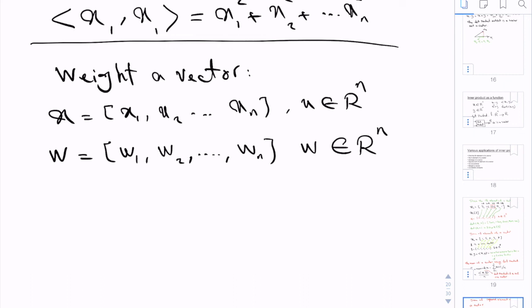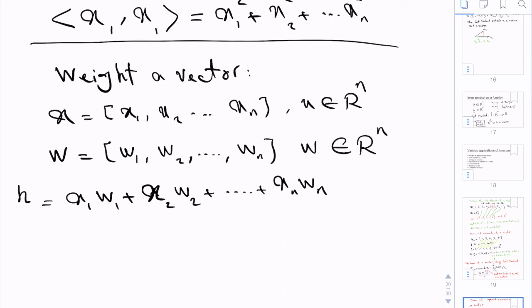Weighting means multiplying x1 by w1, x2 by w2, and lastly xn by wn. Let's call this result H. How do we do this? This is simple. We already know H is equal to the dot product of X and W.